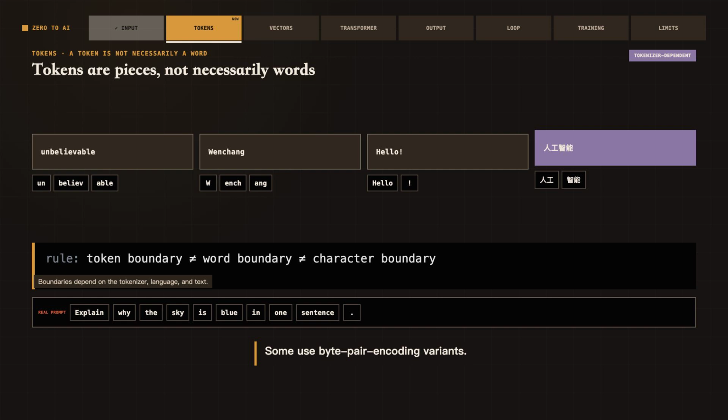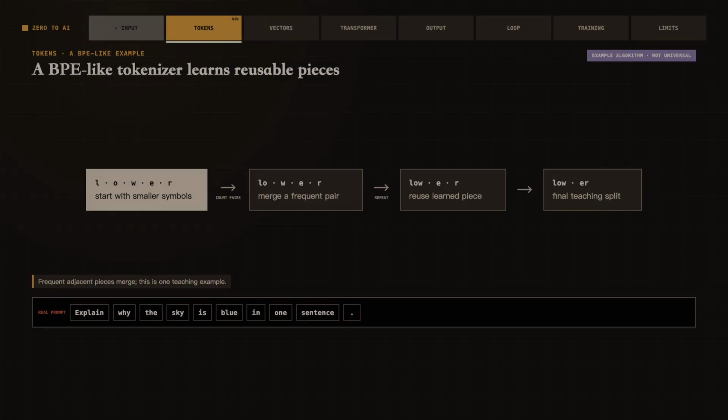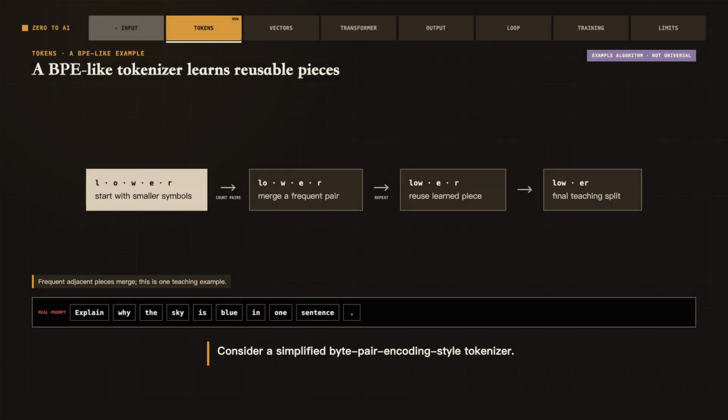Some use byte pair encoding variants. Some use unigram language model tokenization. Some work directly with bytes in part of the process. The details change, but the result needed by the model is the same: a sequence of integer token IDs. Consider a simplified byte pair encoding style tokenizer. It begins with small units and repeatedly merges adjacent units that occur together often in its tokenizer training data.